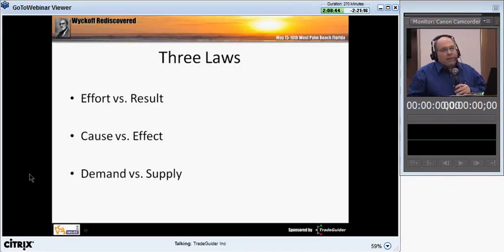Cause versus effect. Basically, the longer the market goes sideways through a trading range, and markets are probably in trading ranges 70, 80% of the time, the larger the effect of the market will be. So we talked about a 5-minute chart that Wyckoff can do, and we talked about a monthly chart.